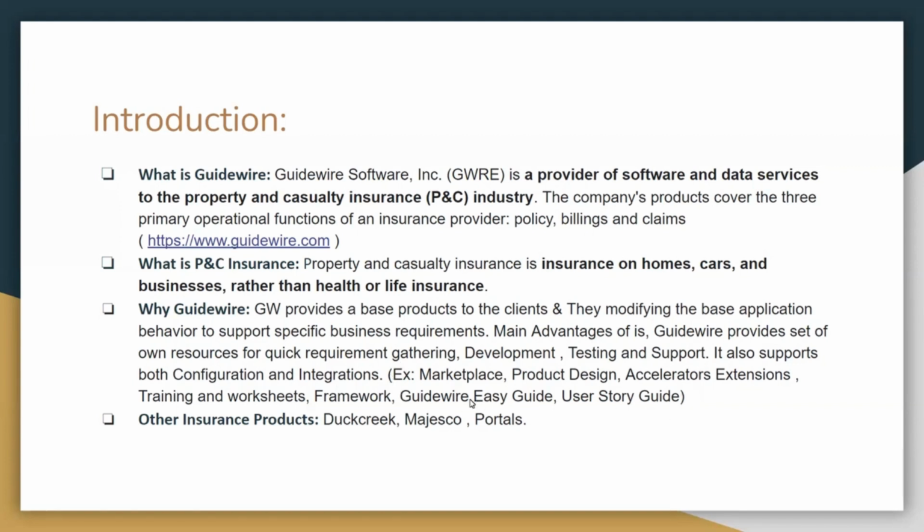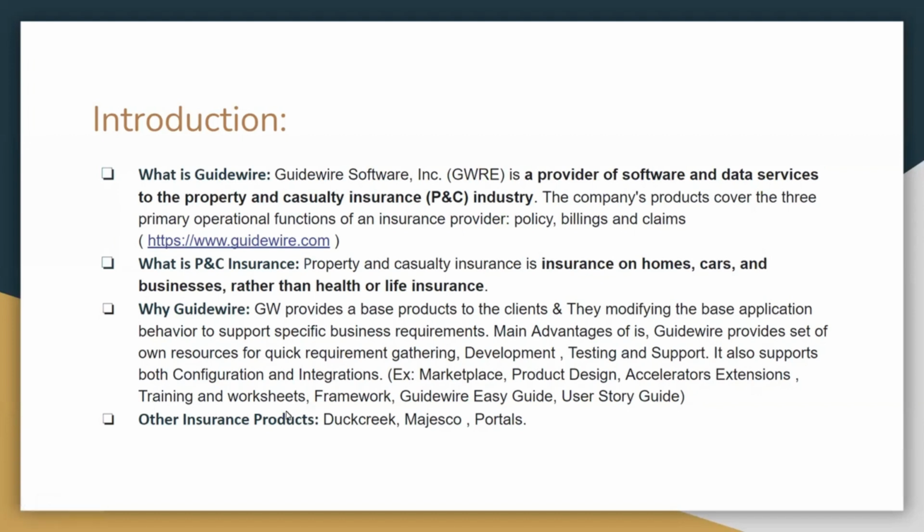Usually in Guidewire, whenever anybody is part of the Guidewire team, they get access to all these applications. Mostly these are for the developers, but the senior folks in the team can access the product design, to see how exactly the products are configured in the product designer, and the accelerators for extensions. This is for the developers.